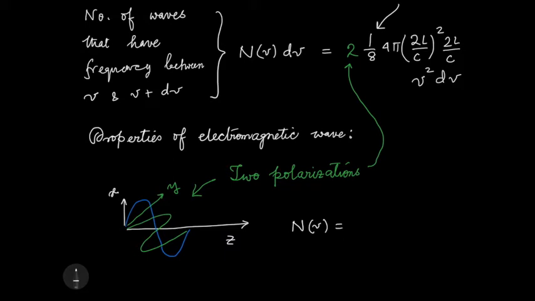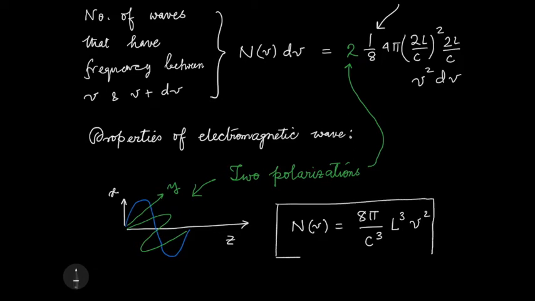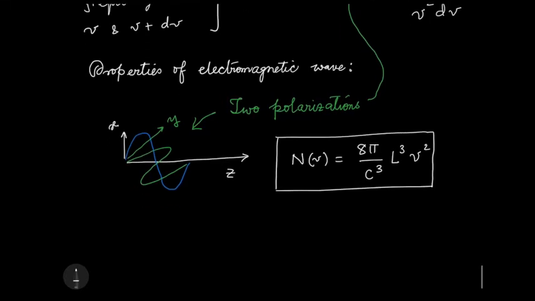This 4 cancels, 4 and 2 cancel with 8, and finally you get 8 pi by c cube L cube times nu square. So this is the expression for the number of waves between nu and nu plus d nu.